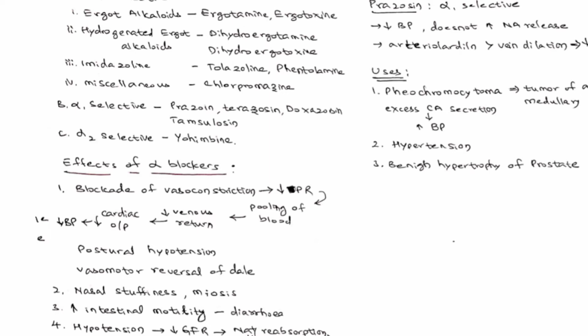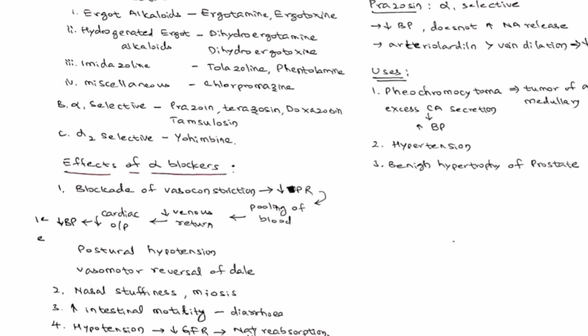Adrenaline causes dilation of arteries due to the beta effect. When we administer alpha blockers along with adrenaline, it decreases the blood pressure.